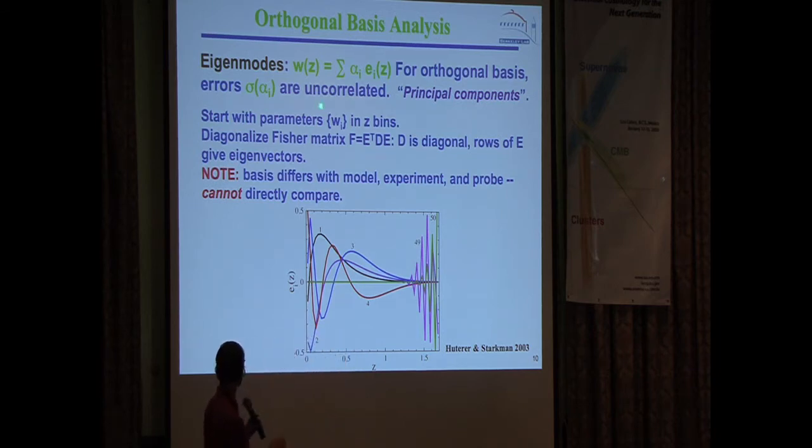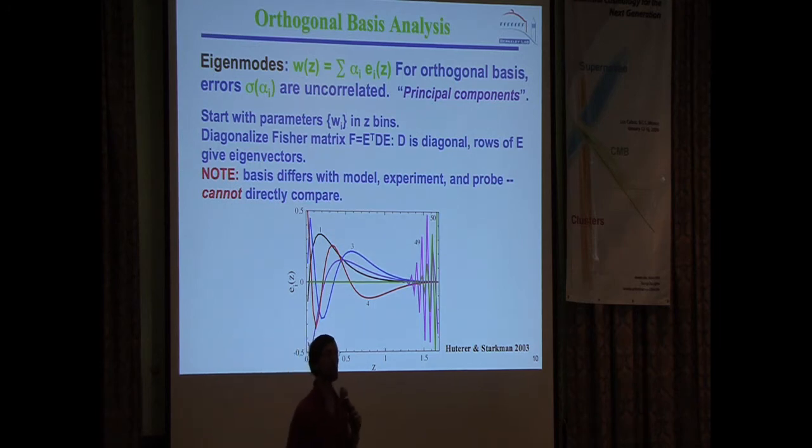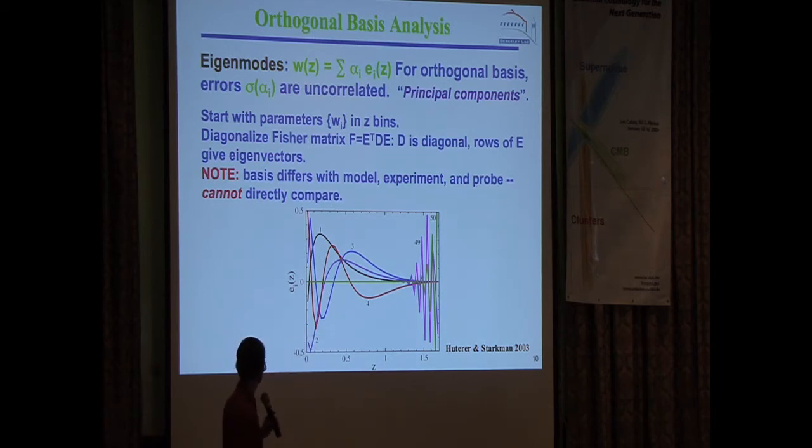So again, you start off with the Fisher matrix, then for those w_i, for w in each redshift bin, and then you look for the orthogonal matrices that diagonalize the Fisher matrix in that way. When you've done that, then the rows of the diagonalizing matrix are the eigenvectors. Okay? They are these e_i(z).